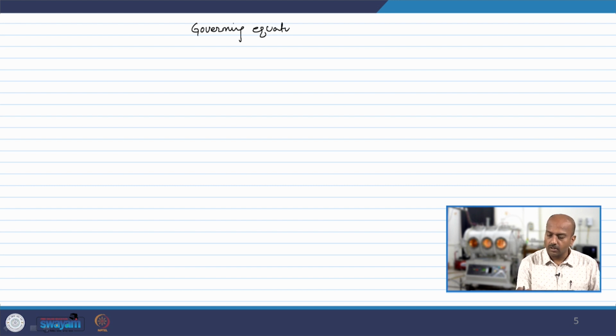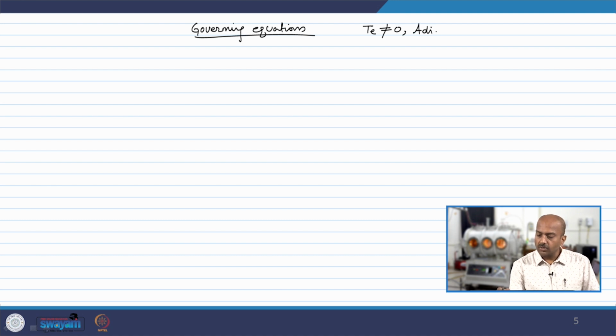Governing equations, the set of governing equations are, so we will take the electron temperature to be non-zero, and we will assume that the picture is adiabatic in nature. What does it mean? There is no exchange of temperature or energy from the surroundings. Okay.